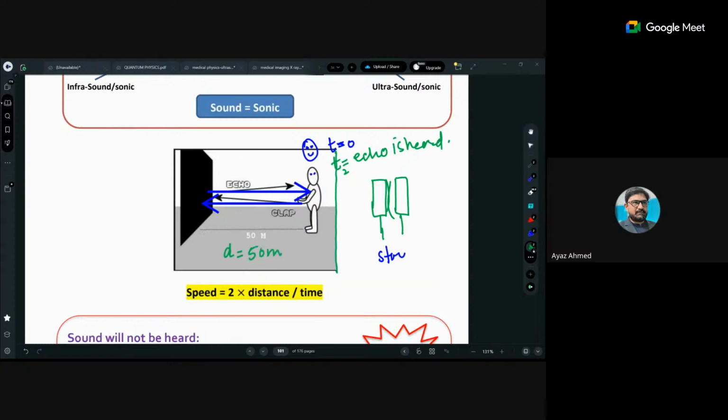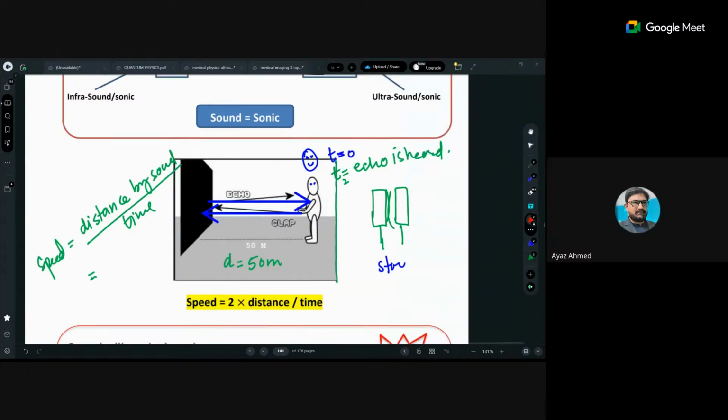Speed is equal to distance traveled by the sound, not distance between source and obstacle, divided by time taken. How much distance is the sound taking to be sent and received? Twice the length between the observer and the wall, divided by time. So for this purpose we take 2d divided by t.